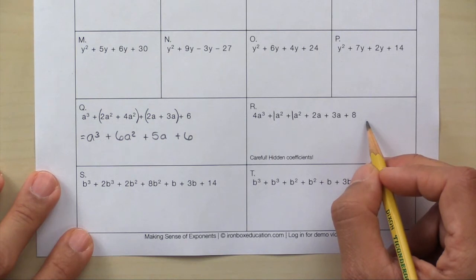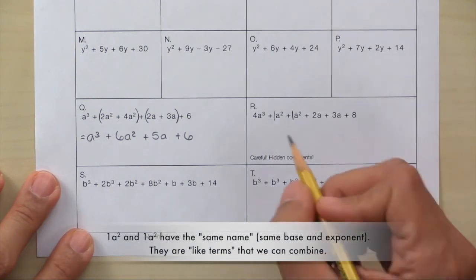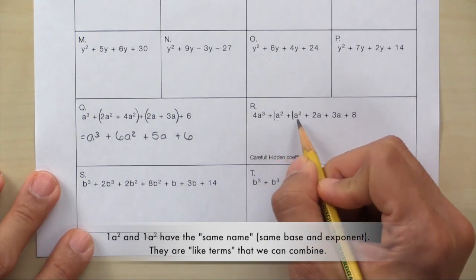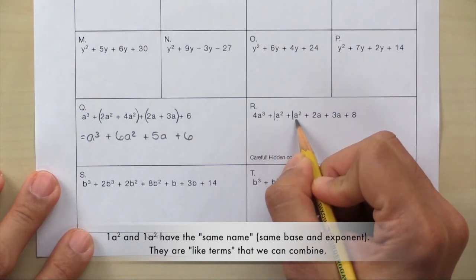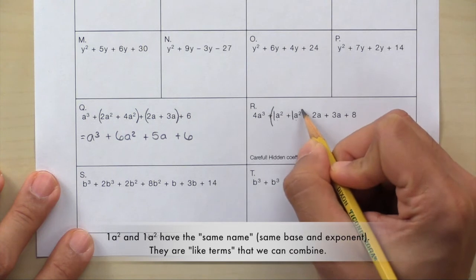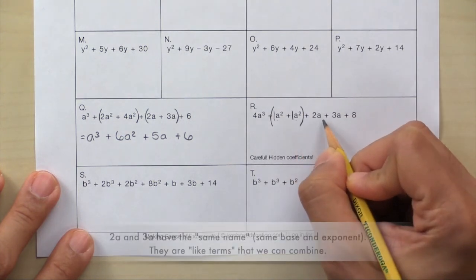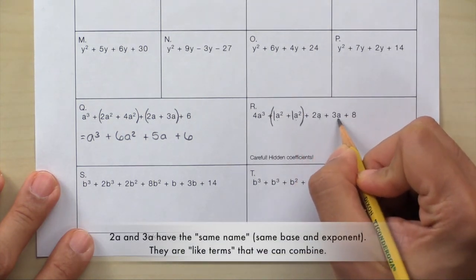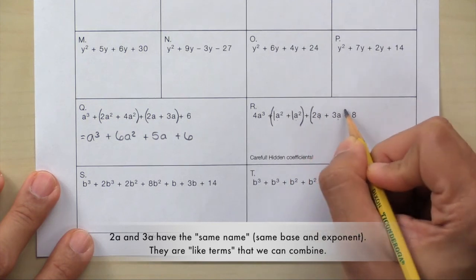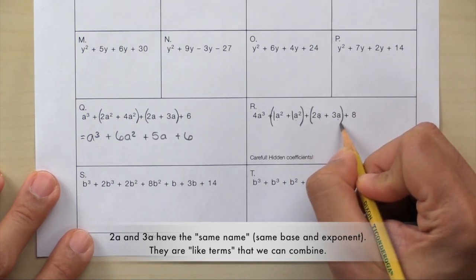Let's simplify the expression. Think apples plus apples and figure out which terms we can combine. I know that 1a squared and 1a squared have the same name, so they're like terms that we can combine. And also 2a and 3a have the same name, so we can combine these like terms as well.